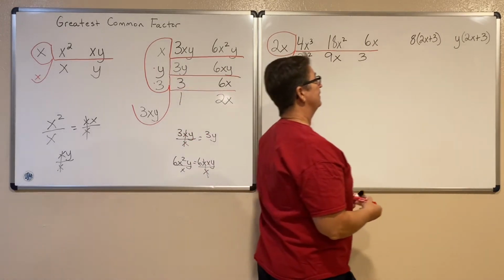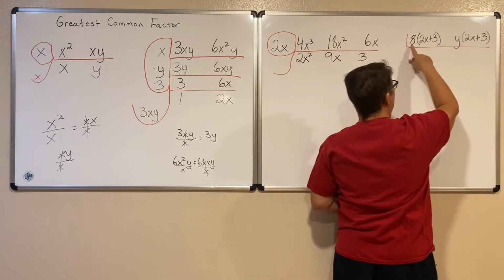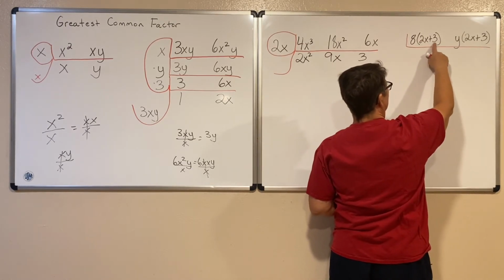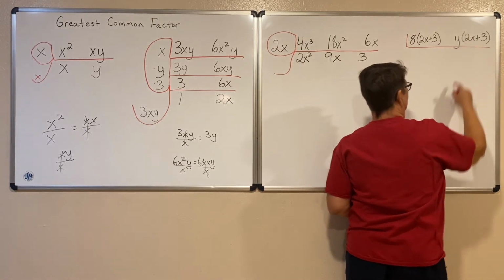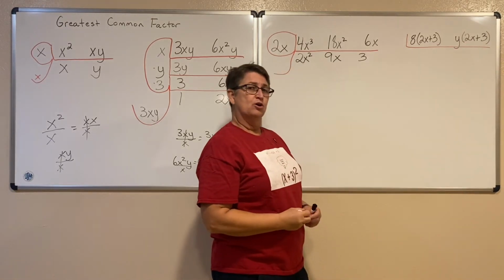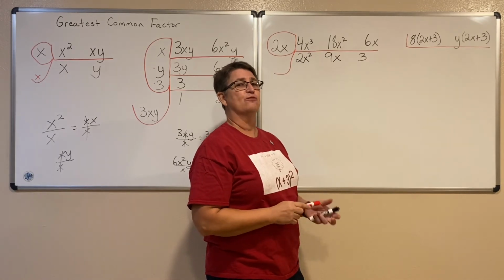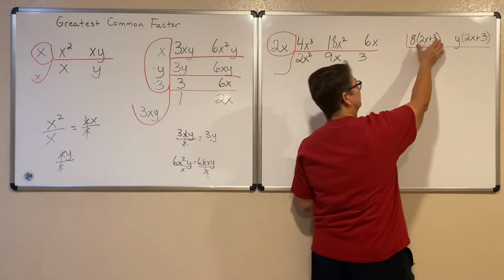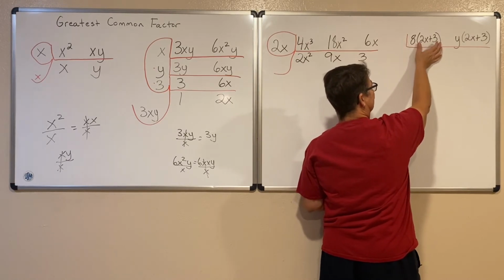One last one that's a little bit interesting. Here I have 8 times 2x plus 3. And this one I have y times 2x plus 3. Do you notice that in both of them there's a factor of 2x plus 3? This is multiplying times that. So this is a factor and that's a factor.